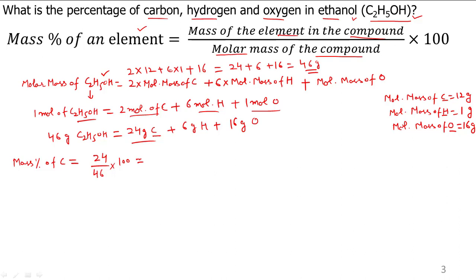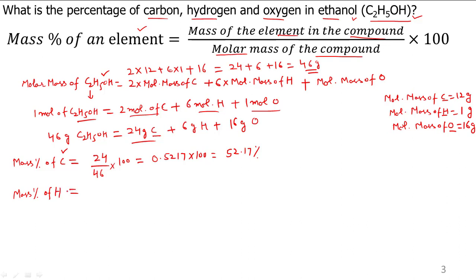Now if you solve it, 24 divided by 46 is equal to 0.5217. So 0.5217 into 100 is 52.17%. So mass percentage of carbon is 52.17%.